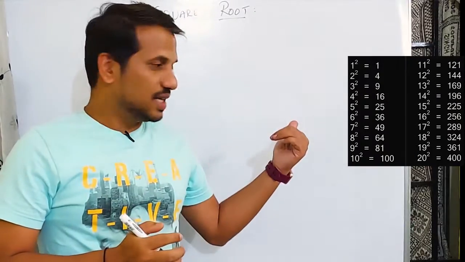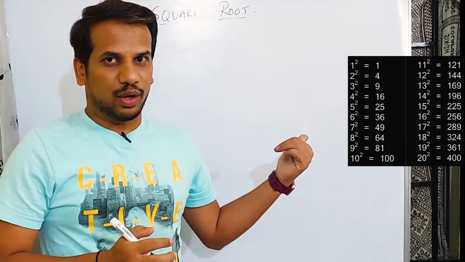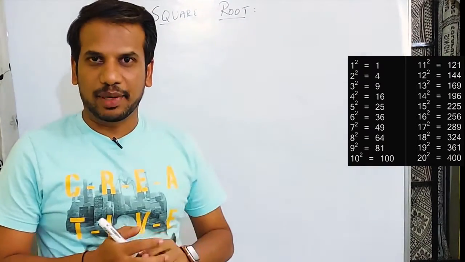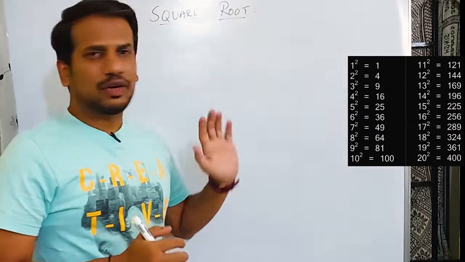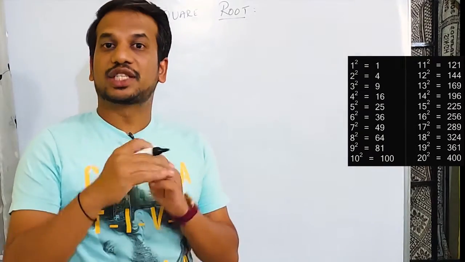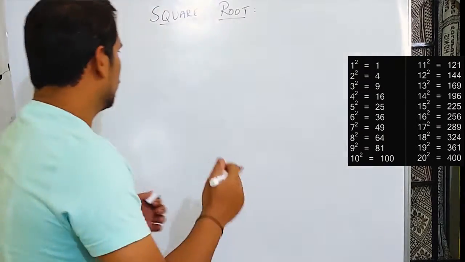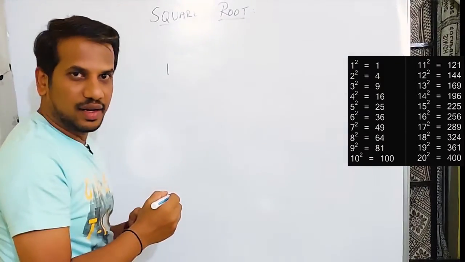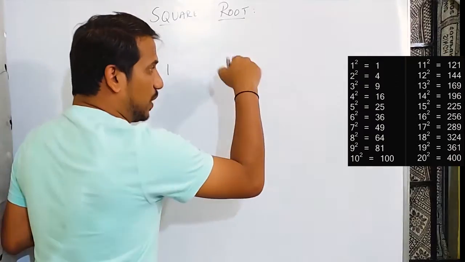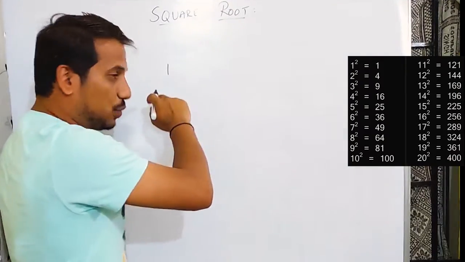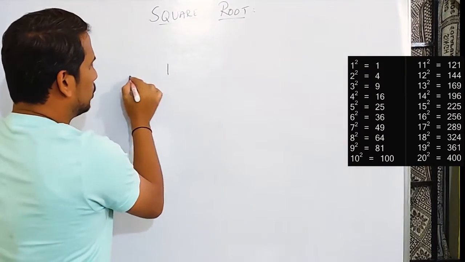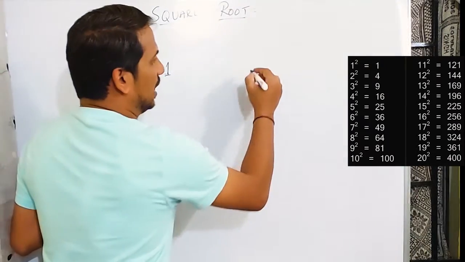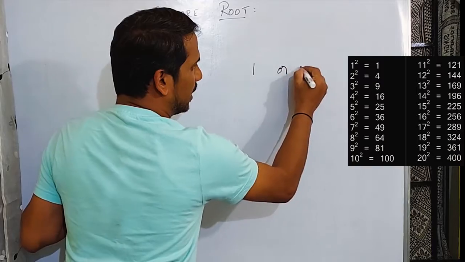For your convenience, I have given the squares of numbers from 1 to 20 at my left side. You can see this table. Now observe one thing in that table. If a number's unit digit is 1, then when we find its square root, the square root will either end in 1 or 9.